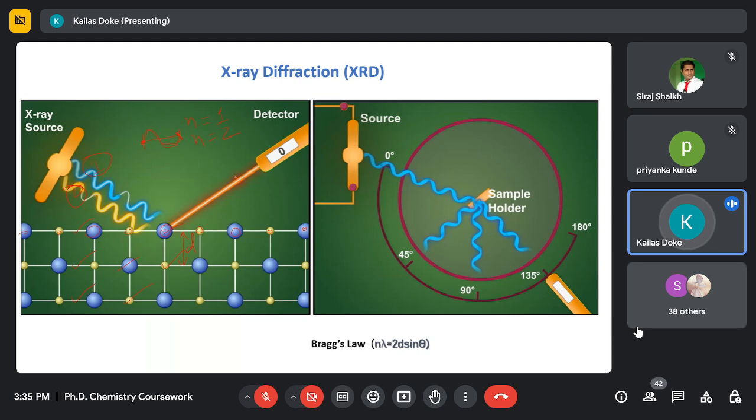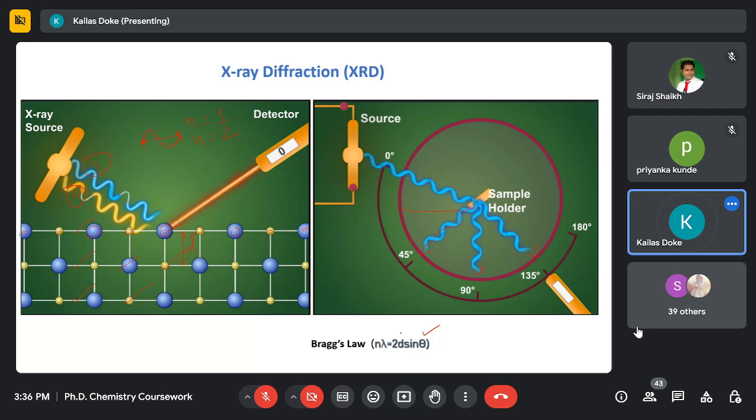After diffraction from the sample, the beam is diffracted at either a 45 degree angle, or 35 degree, or 25 degree, or 90 degree, or 135 degree angle. From this diffracted angle theta, using Bragg's law, we can determine the distance between these two parallel planes.